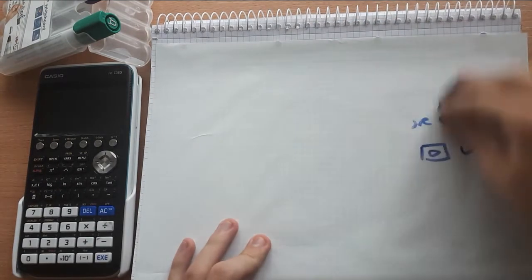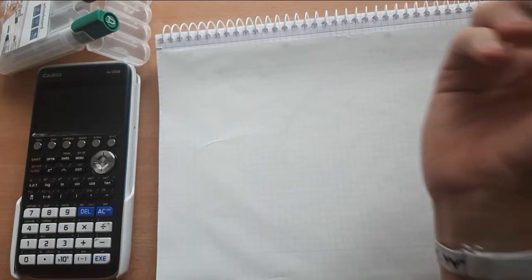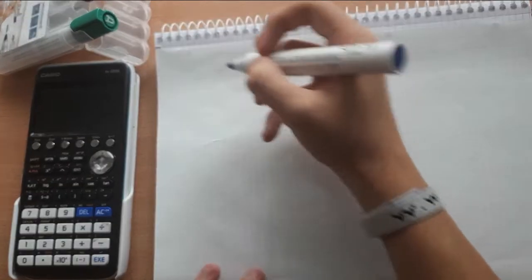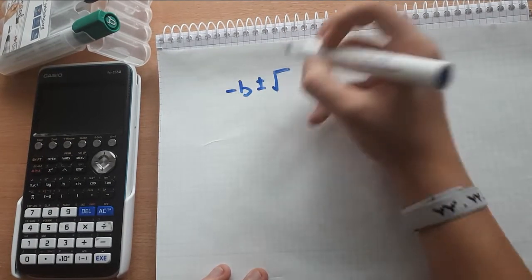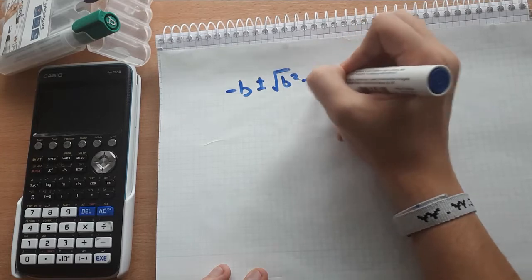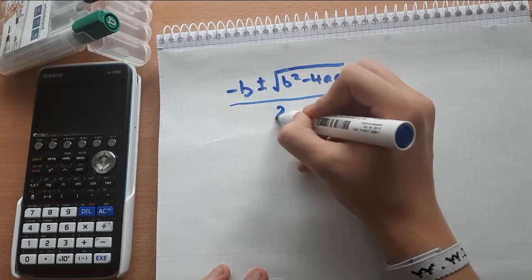Okay, so the discriminant refers to a particular section of the quadratic formula, which we should all know off by heart by now because we will need it for the exam. The quadratic formula is minus b plus or minus the square root of b squared minus 4ac, all over 2a.